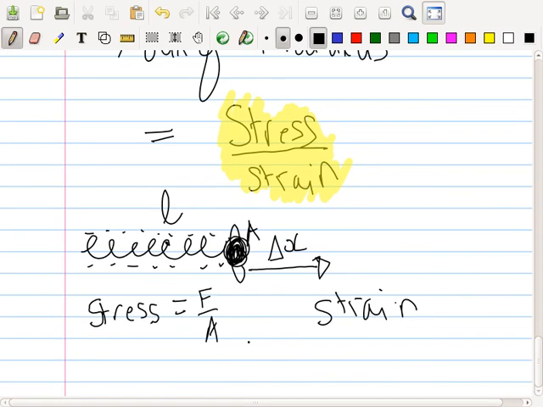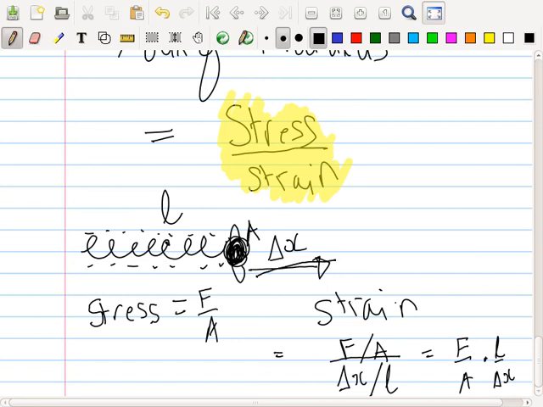So what's the Young's modulus? That's going to be stress over strain. And strain will be delta X over L. So if you want, you can say that's F over A times L over delta X. What you'll notice is this is always the same.